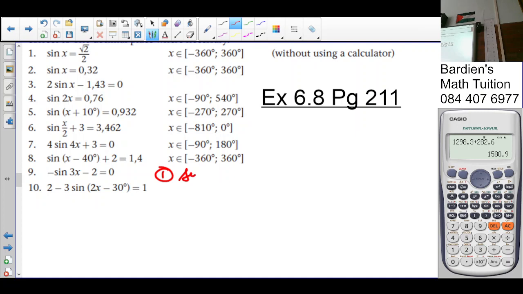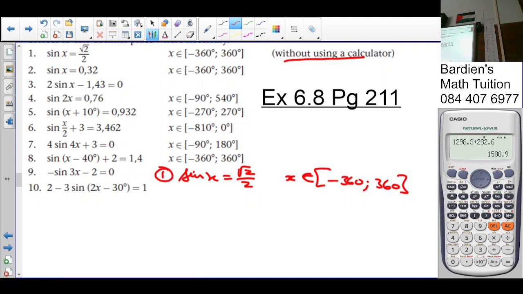Here we got sine of x is equal to root 2 over 2, where x is an element of these block brackets, so it's inclusive, negative 360 to 360. And we are told without the use of a calculator there. Why is it without the use of a calculator? Because this falls into special angles.